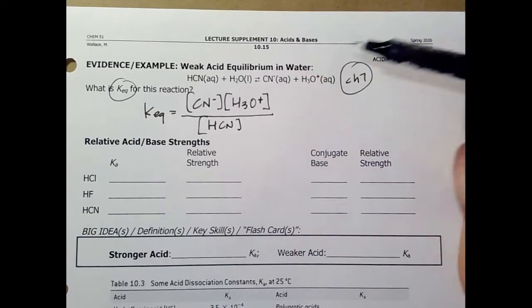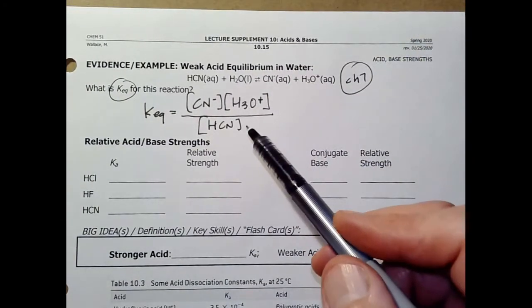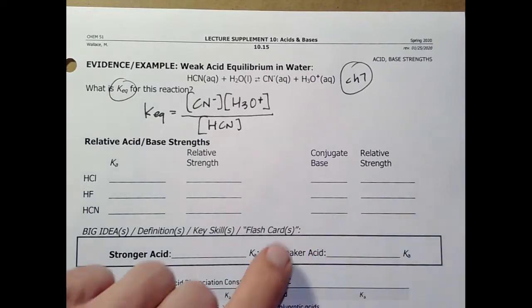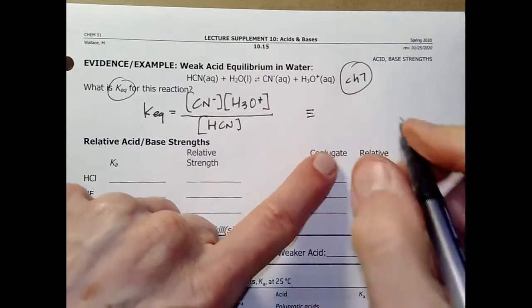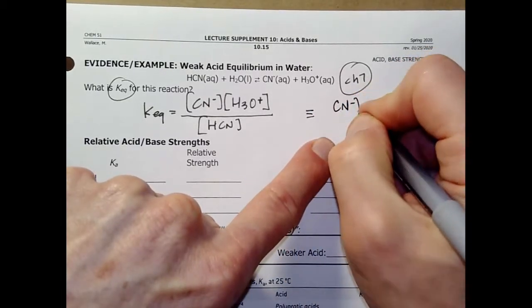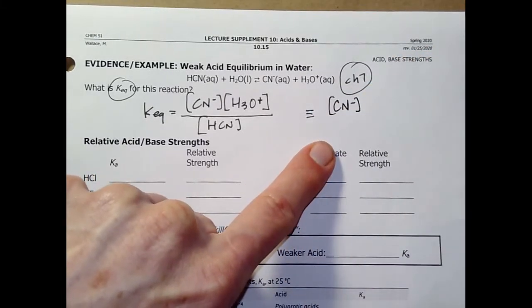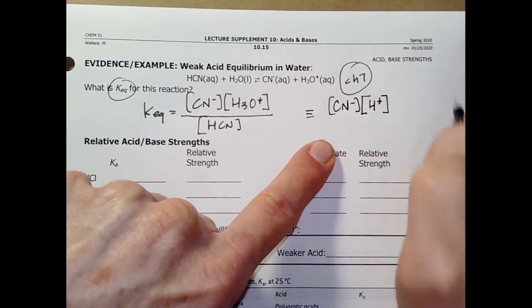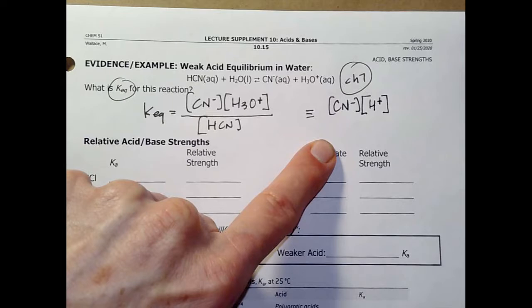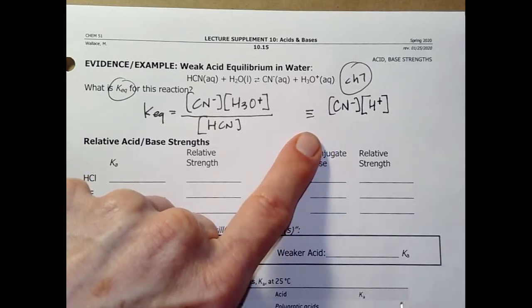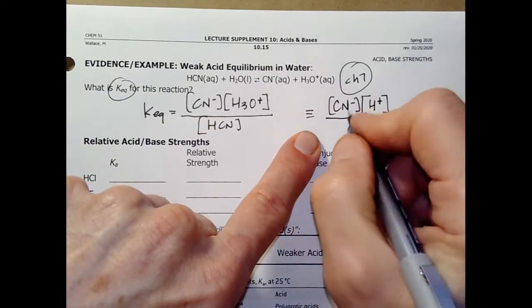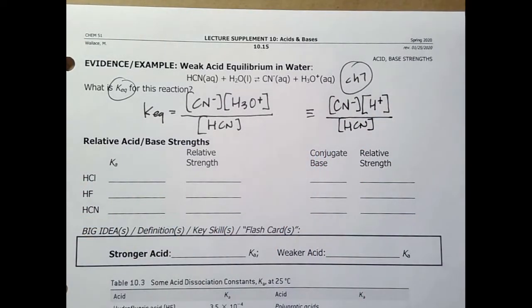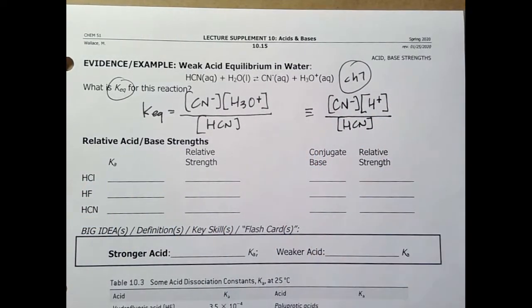Remember, we leave pure liquids and pure solids out, so it's sort of like putting a 1 in there. Now, there's a shorthand version of this. We might write it like this. There's the concentration of cyanide. And sometimes we'll say, well, let's just count the number of protons that have broken off, HCN. These two things really mean the same thing. This is just a shorthand.